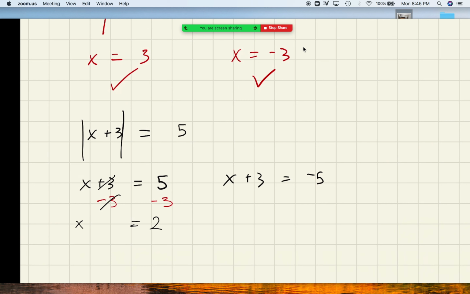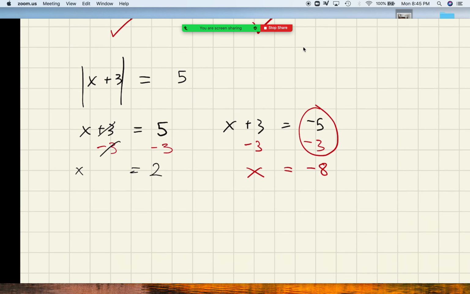So I would subtract 3, but -5 minus 3 would be -8. So that's the other answer. Now I'm going to plug each of these in for the x and see if I get 5. So let's see that.